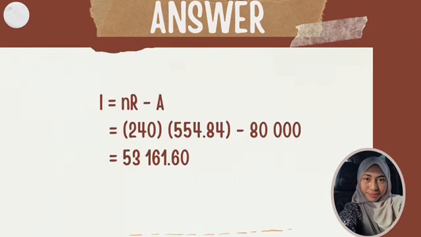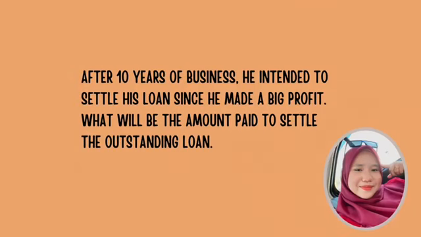For the interest, we use the formula I equals NR minus A. Then we put the information into the formula, which is 214 times 554.84 minus 18,000. And we get the answer for interest for plan B, which is 53161.60.